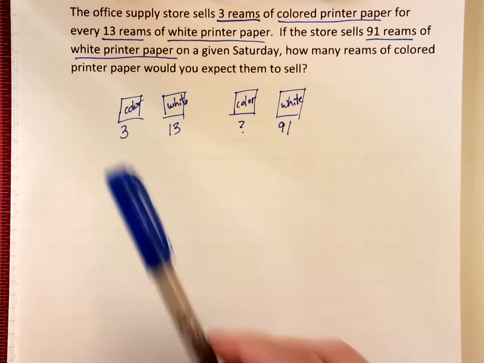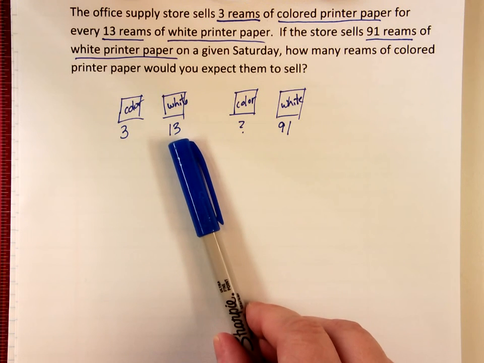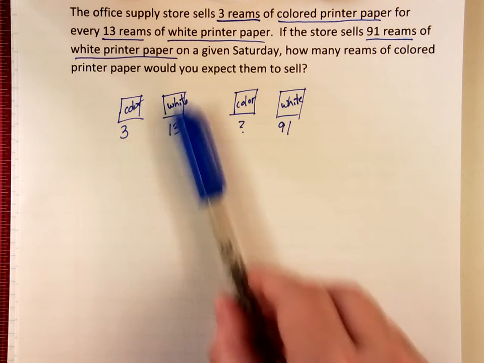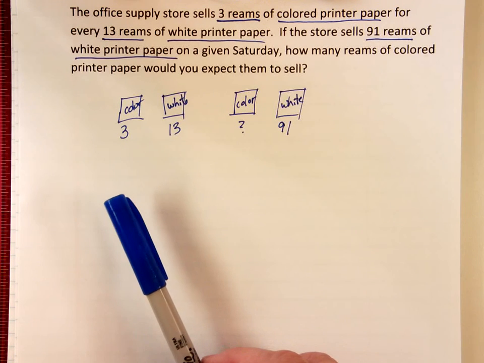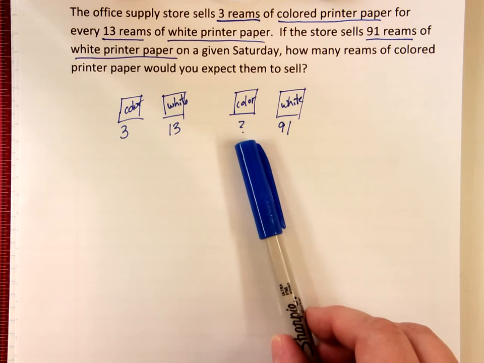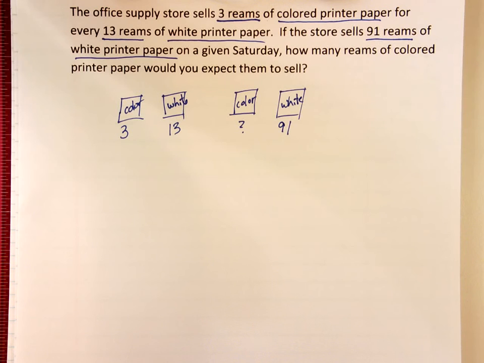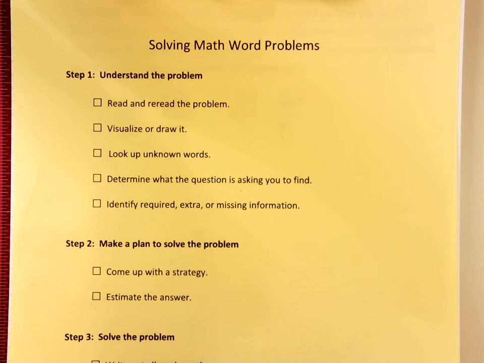So the store usually sells 3 reams of color and 13 reams of white. That's the ratio or the proportion that they sell their paper in. On a given Saturday, how many reams of color printer paper would you expect them to sell if they sold 91 reams of white?